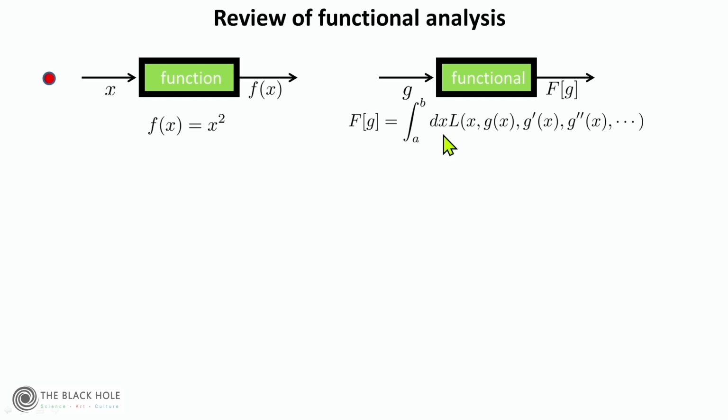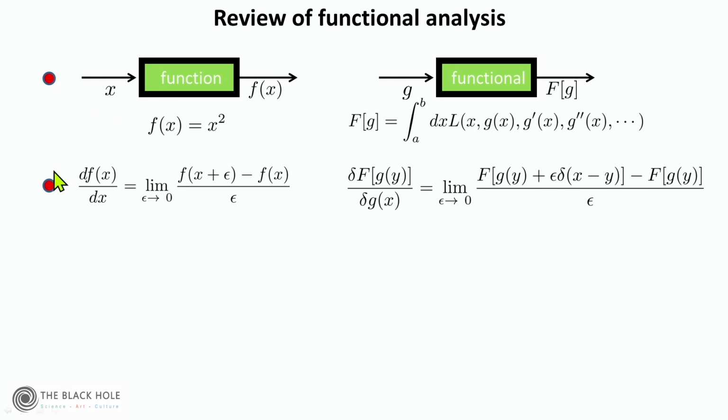Okay, so for example, L could be the squaring function, a could be 0, b could be 2 pi, in which case this will be the integral from 0 to 2 pi dx cosine squared of x, and that, if I can calculate right, has the value of pi.